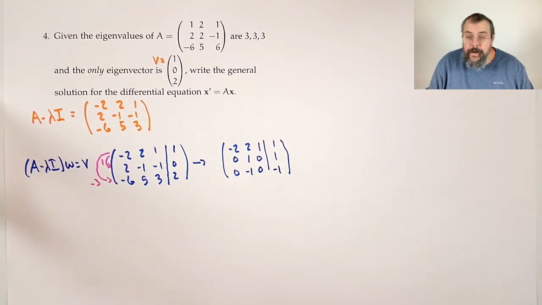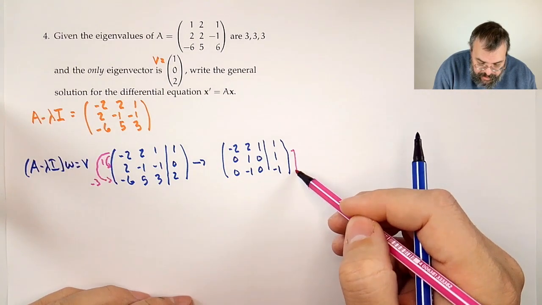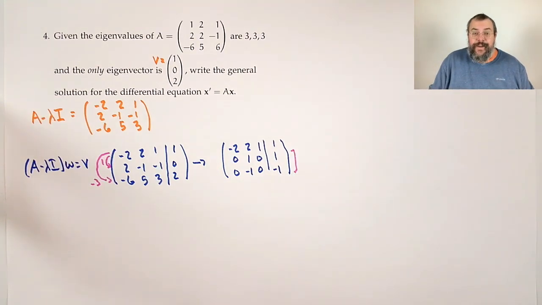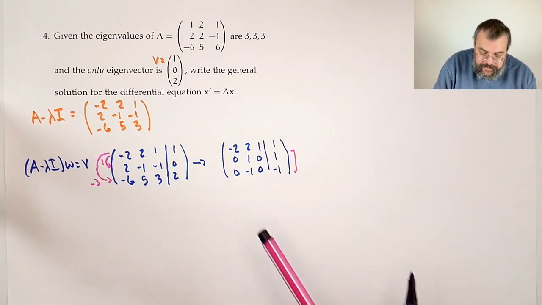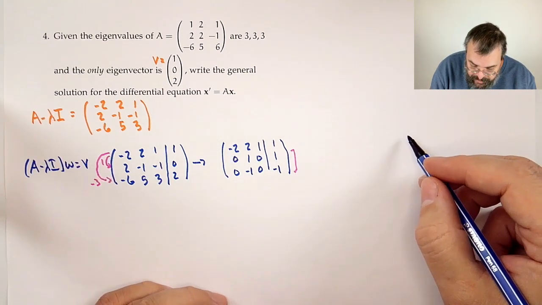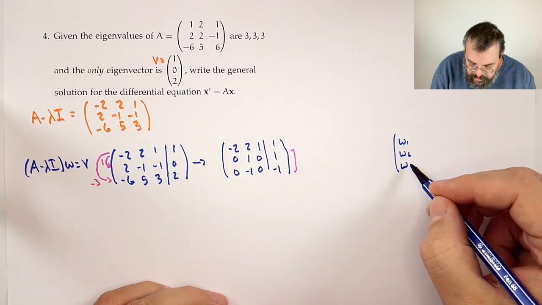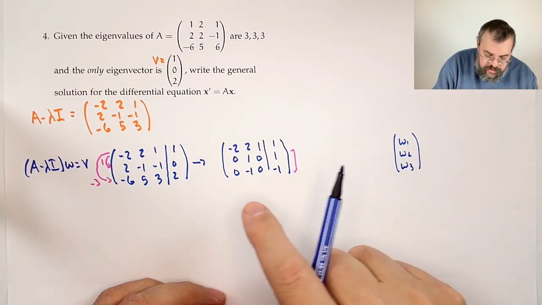And now we're like, hey, wait a second. These two bottom equations are saying the same thing, right? Because if you think about what we're after, our vector w1, w2, w3. So we're after w1, w2, w3. And what does this say?